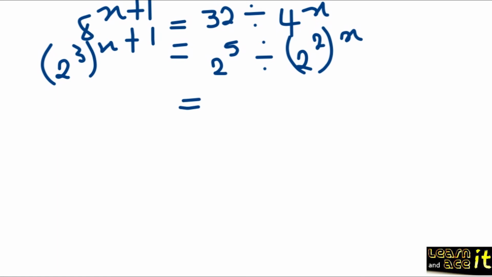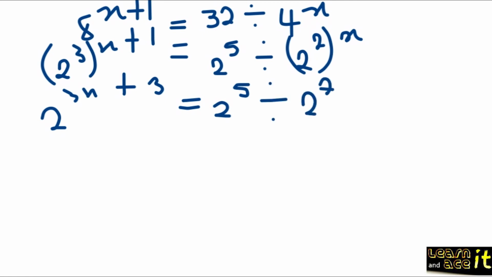Alright, so now on the left hand side we will have 2 to the power of 3 multiplied by x. That will give us 3x there. And then what is 3 multiplied by 1? That will give us 3. And then we are going to drop 2 to the 5 there, divided by 2 to the power of 2x there.